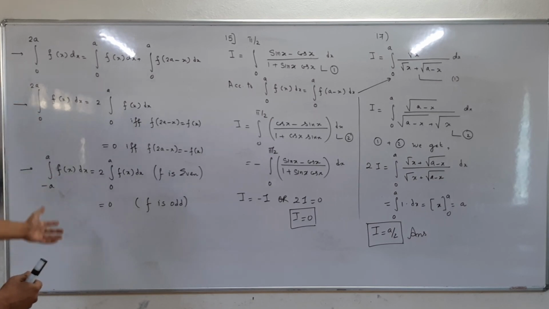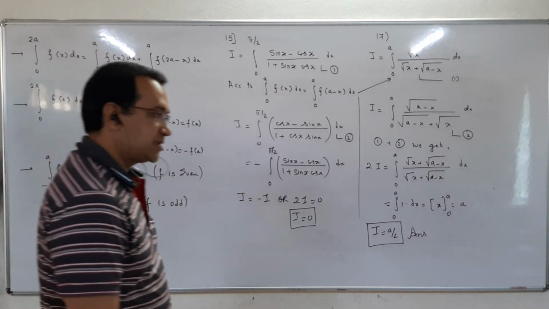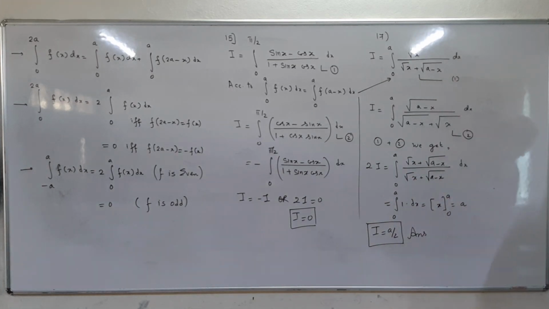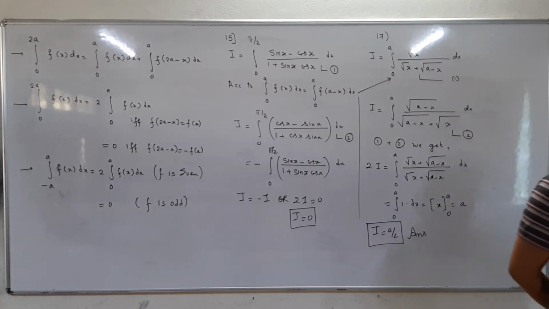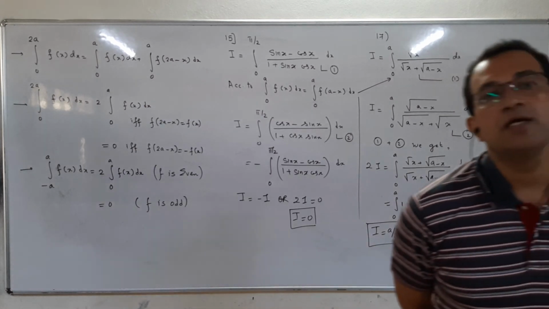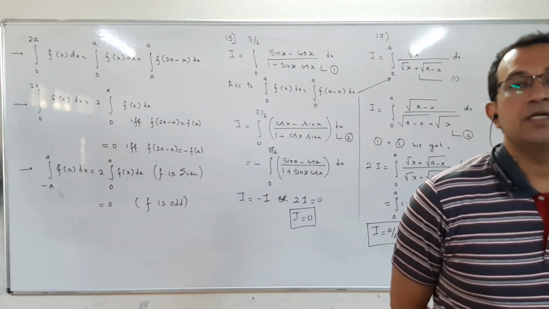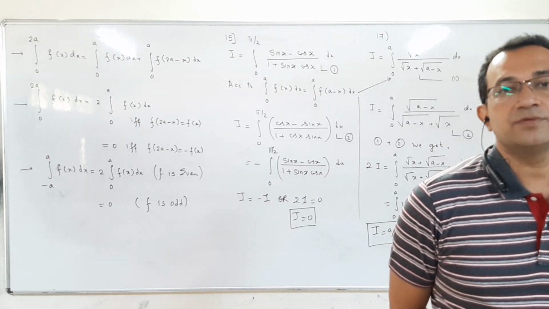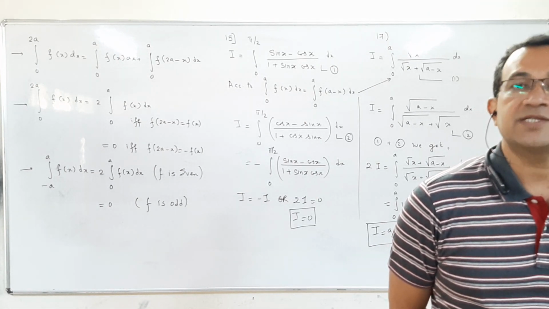Directly, application of these properties is very important. Write this property, students, memorize these properties. Still we are left with 3 sums and 2 MCQs, and those 5 questions we will complete in the next lecture.